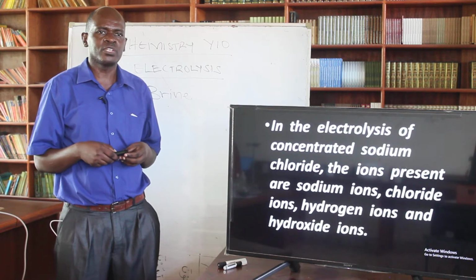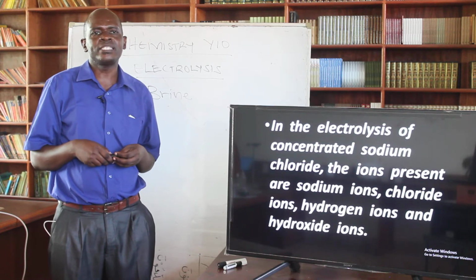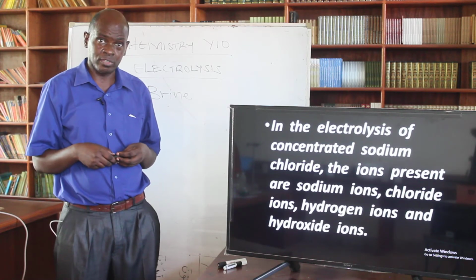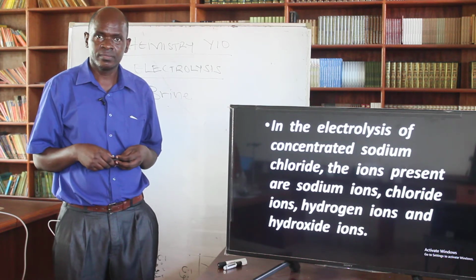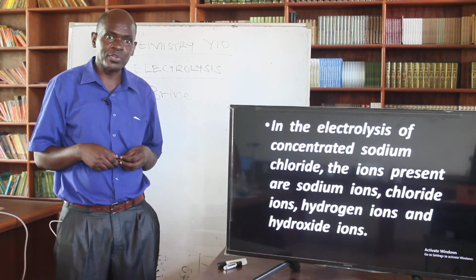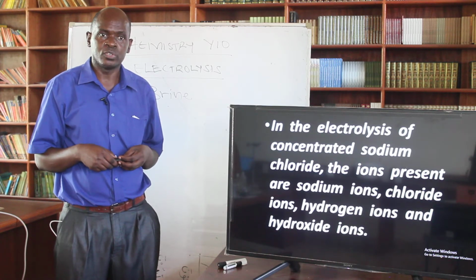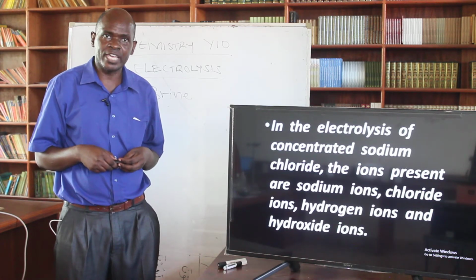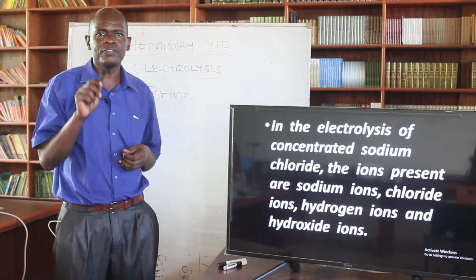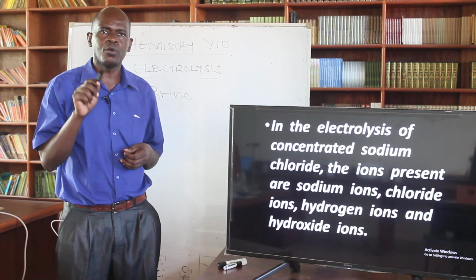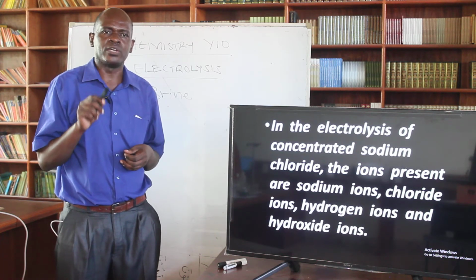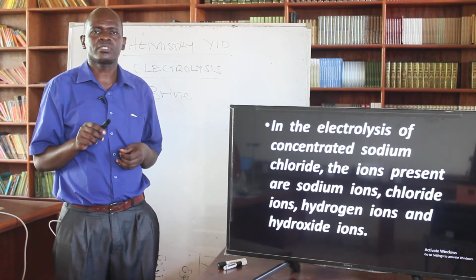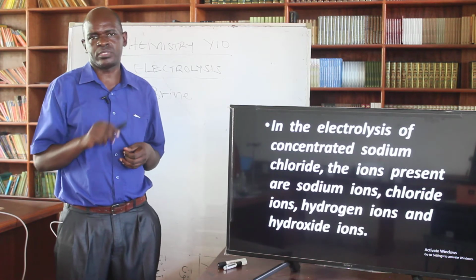In this electrolysis, the ions present in solution are sodium ions, chloride ions, hydrogen ions, and hydroxide ions. So we have 4 major ions.